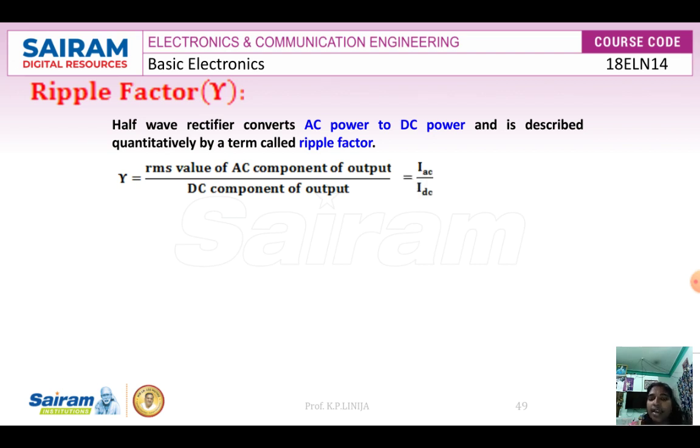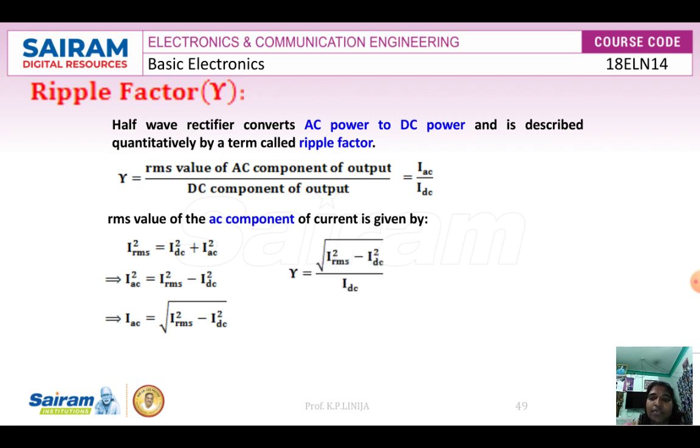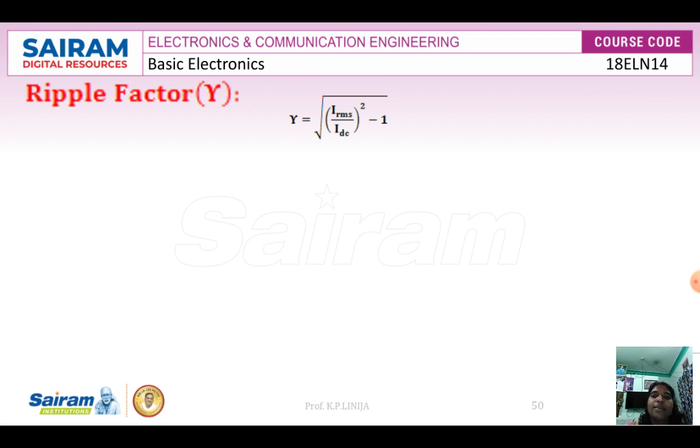That means IAC divided by IDC. Okay. Already we are aware that I squared RMS is equal to I squared DC plus I squared AC. Now from this I squared AC is equal to I squared RMS minus I squared DC. Now we have framed the formula for IAC. Therefore, the ripple factor can be defined by gamma is equal to root of (IRMS by IDC) the whole squared minus 1. Okay.